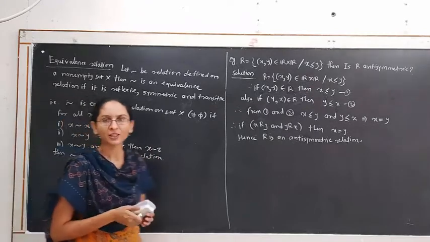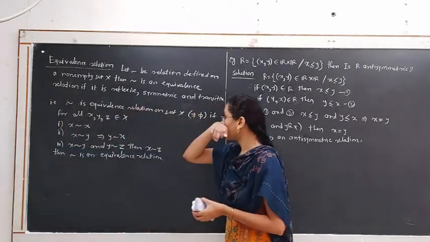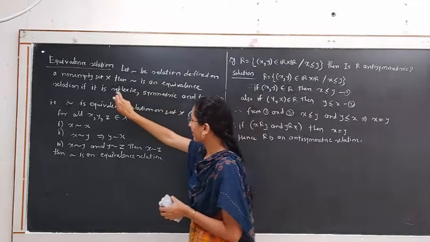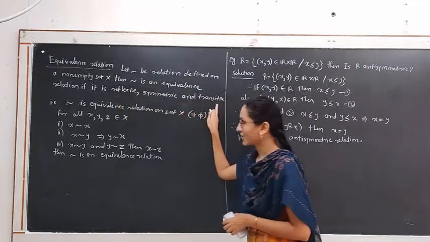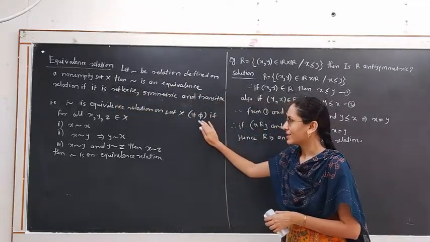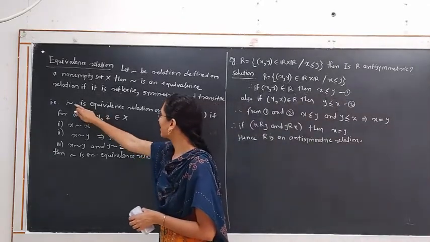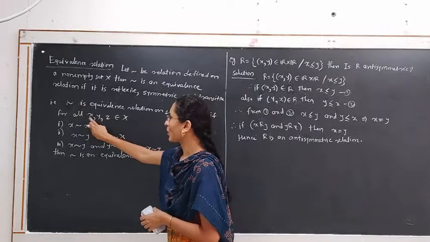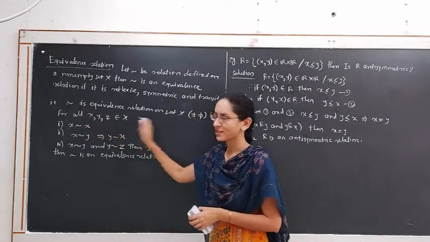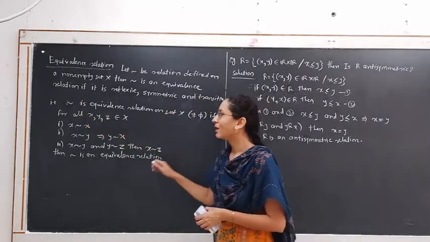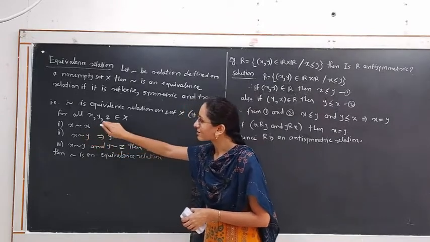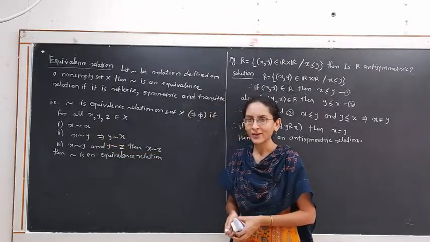What is the equivalence relation? If the relation is reflexive, symmetric and transitive, if X is any non-empty set, then the equivalence relation is denoted by this symbol. If for all x, y, z belongs to this set X over which the relation is defined, first, x related to x means R is reflexive.